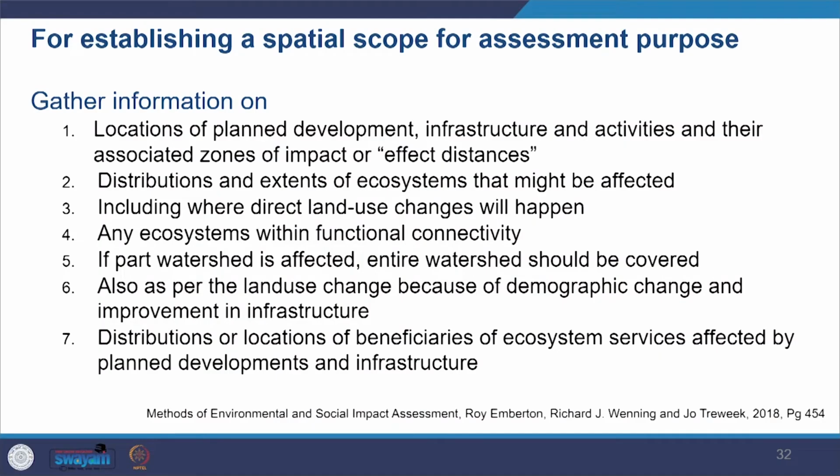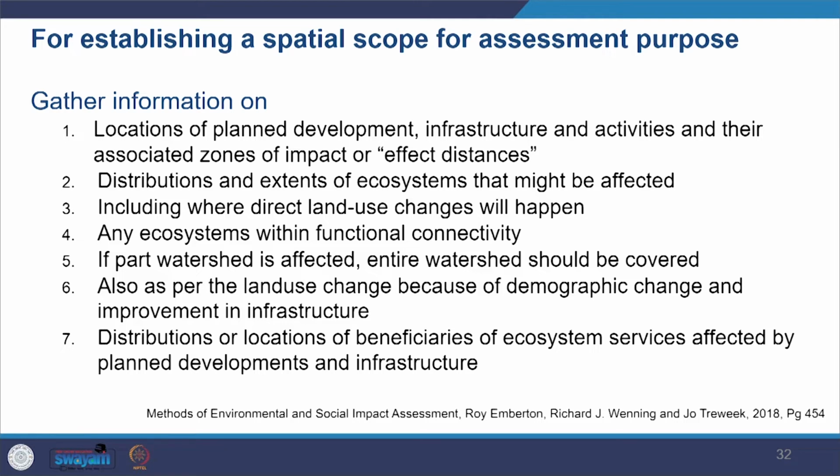In order to establish a suitable spatial scope for assessment purposes, you will be required to gather information on the location of plant development. So the first thing you would be required to do is to get the location of the plant development or the infrastructure and activities and their associated zones of impact, effect, distance.